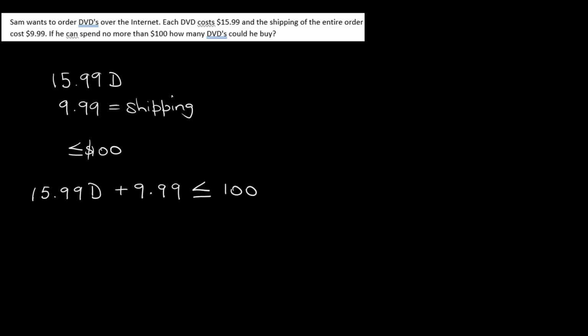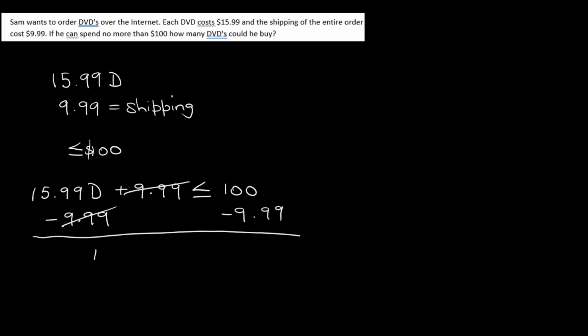Now that we've done this, let's solve for D. First, we will subtract $9.99 from both sides. These two cancel, and so we are left with 15.99D is less than or equal to $90.01. Now to solve for D, we simply divide both sides by 15.99.